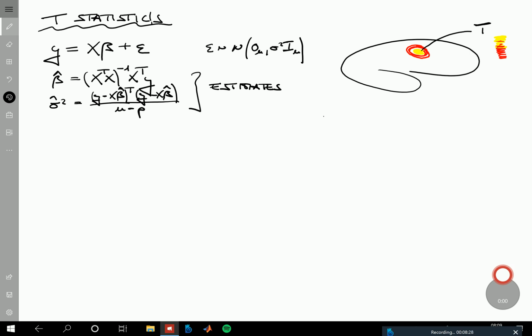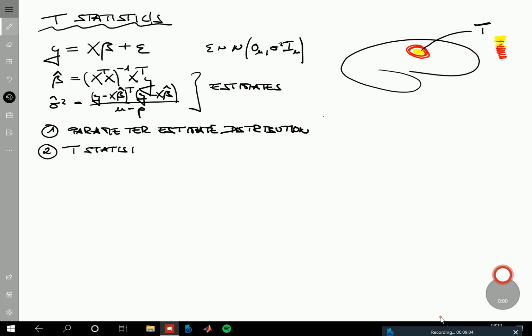To get to that, we first should introduce the parameter estimate distributions, that would be the distributions of the beta hat and the sigma square. And then we should define the t-statistic, what that is and what it means, and then introduce the distribution of the t-statistic.